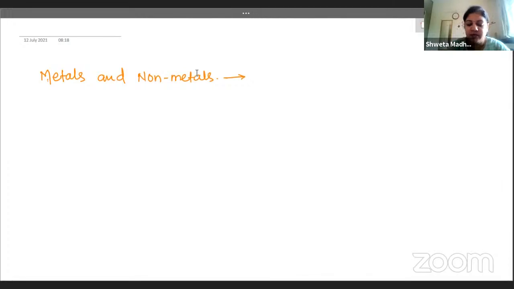Pure substances are elements and compounds, the substances which are made up of similar kind of particles, either similar kind of atoms or similar kind of molecules. Such substances are called pure substances. If any pure substance is made up of similar type of atoms, then it is called an element. And if it is made up of similar kind of molecules, then it is called a compound.